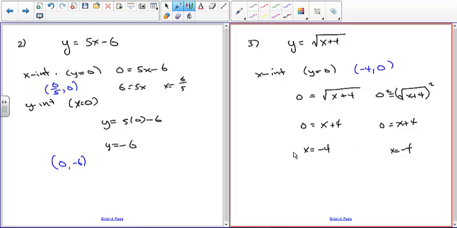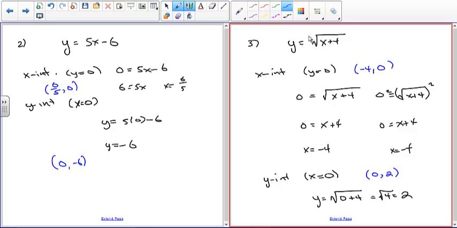And then for the y-intercept, you set x equal to 0. You just say y equals the square root of 0 plus 4, which is the square root of 4, which is 2. Therefore the y-intercept is going to be 0, 2.